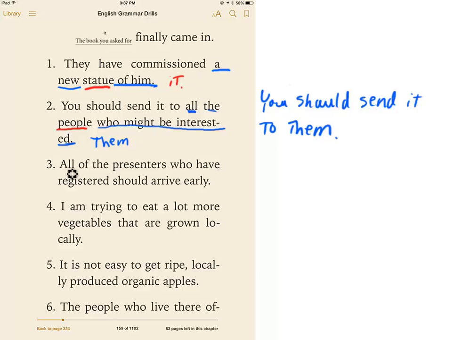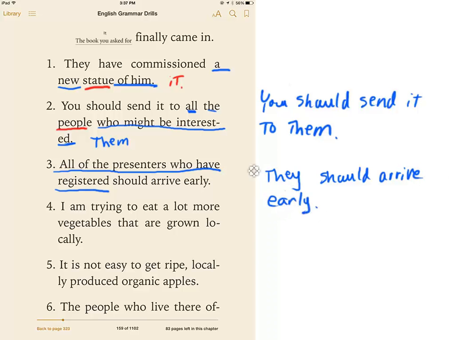Let's do one more. All of the presenters who have registered should arrive early. They, and then let me go ahead and underline the noun phrase. They should arrive early. That would be the sentence. So "they" replaces the presenters; presenters is the noun, obviously.